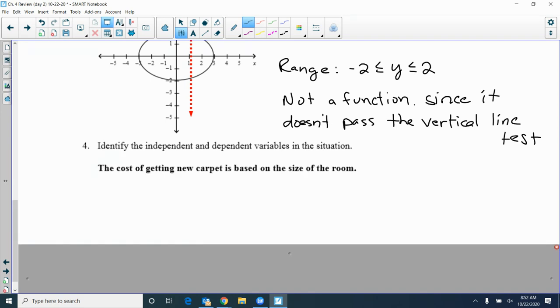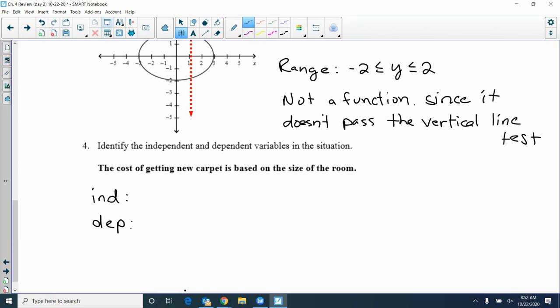All right, identify the independent and dependent variables in the situation. The dependent one is based upon or depends on the independent. So you think about that. And sometimes, like I said, it's not specifically written down. You gotta infer it from the statement.